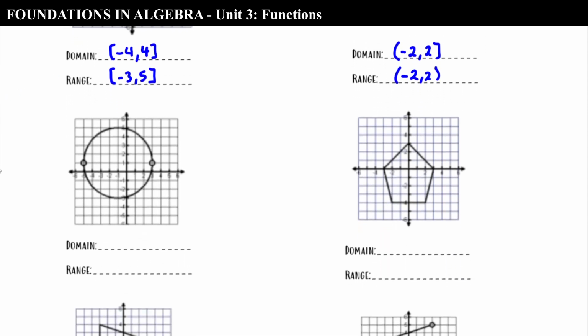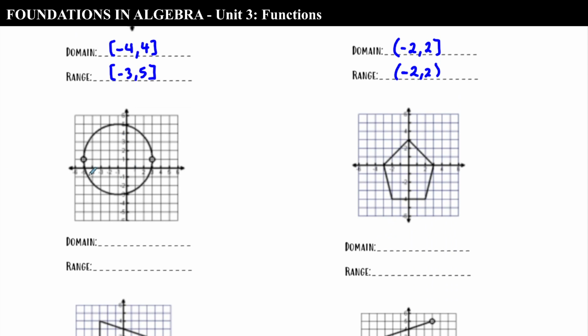For the next example, our domain goes from -5 to 3. And we do not include either side because of the open dots. Our range goes from -3 up to 5. And these are included because we touch here and here. For this one, we go from -3 to positive 3 in the domain.